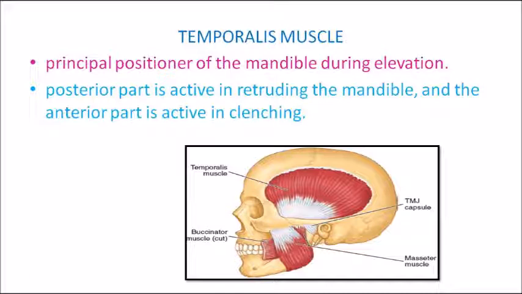The temporalis muscle has a posterior part as well as an anterior part. The posterior part is active in protruding the mandible and the anterior part is active in clenching. So the temporalis is the principal positioner during elevation. The anterior part helps in clenching and the posterior part is active in protruding the mandible.